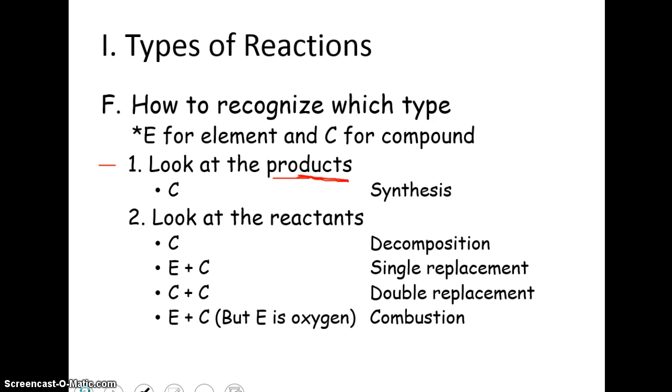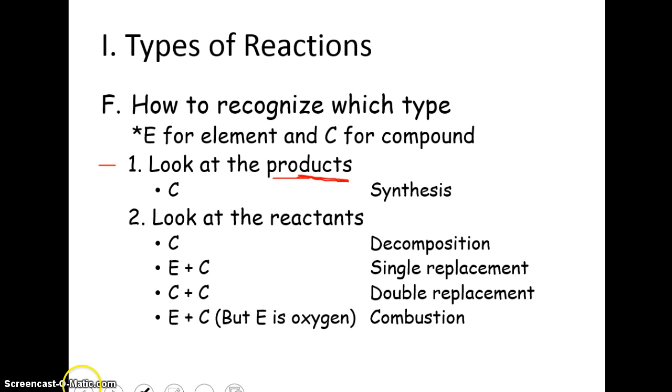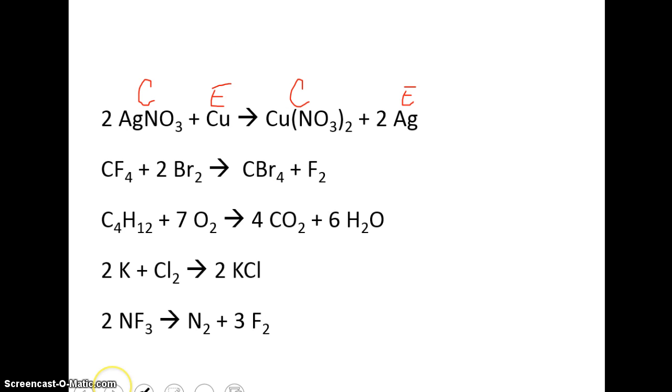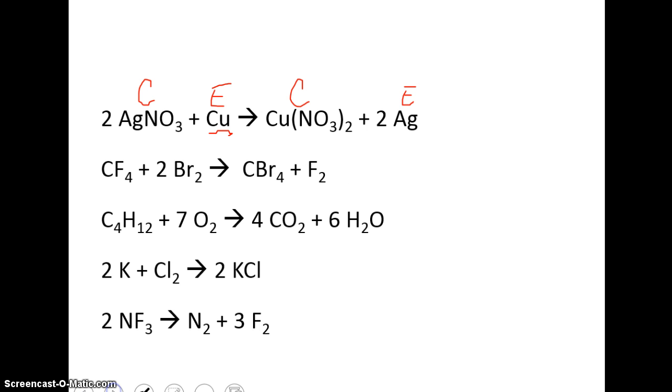Second step, look at the reactants. I see a compound and an element. Both of these have compounds plus elements, but for combustion, the element has to be oxygen. Our element is not oxygen, it's copper, so that means it's single replacement. We're going to abbreviate single replacement as SR.